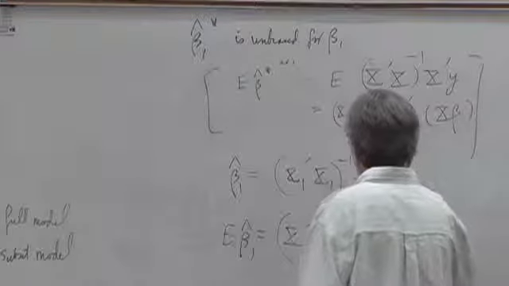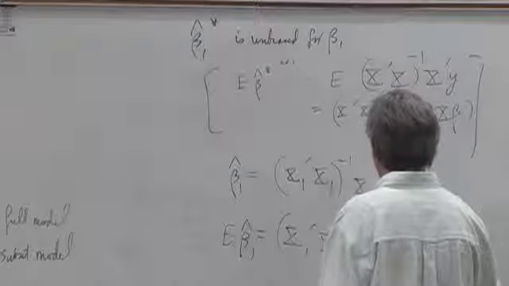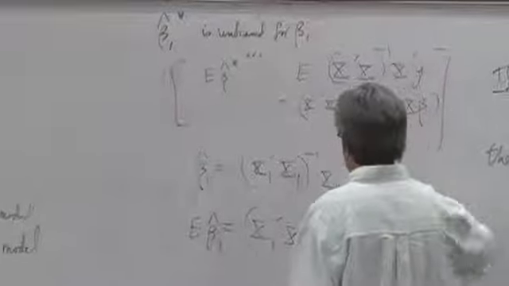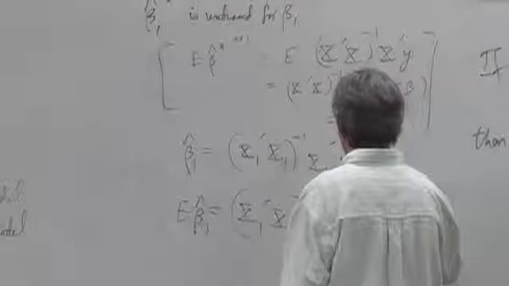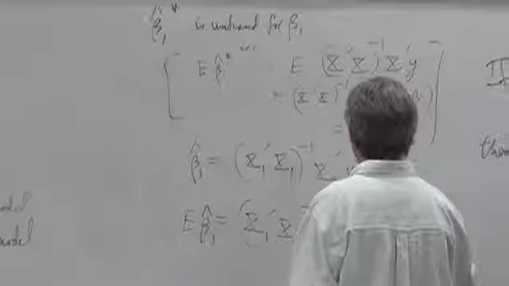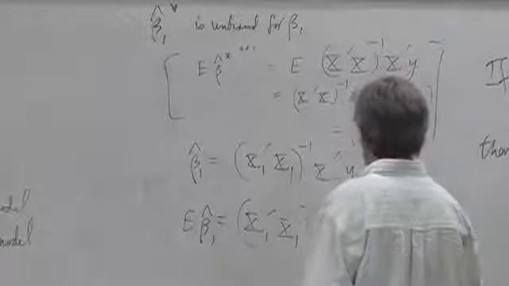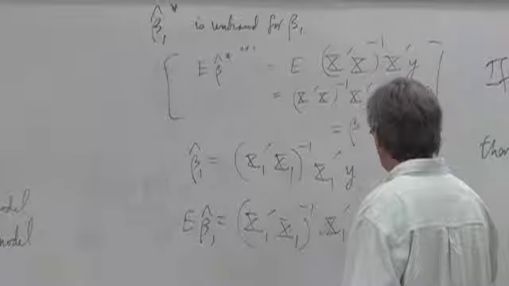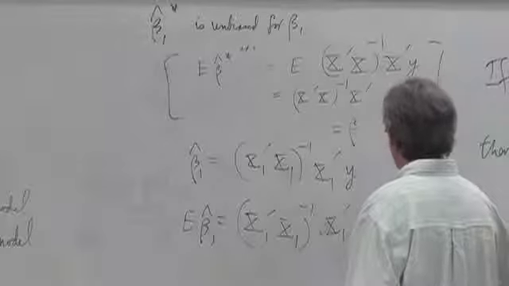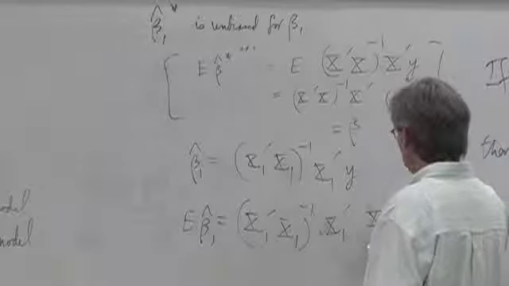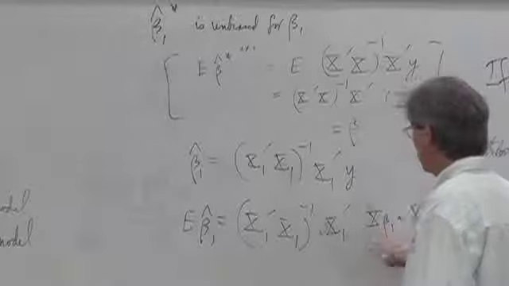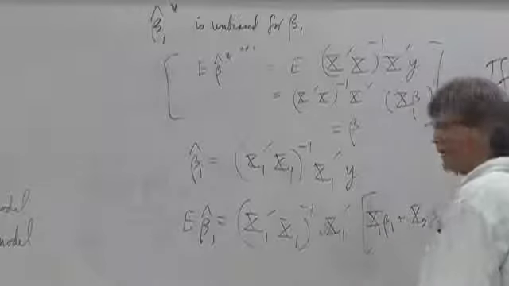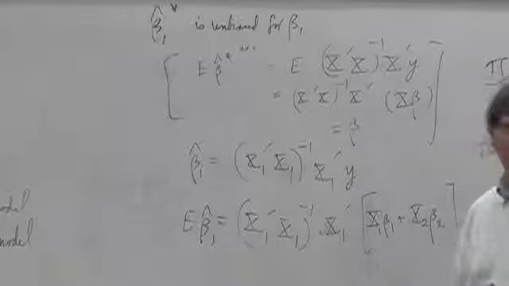Times X1 prime times the expectation of y, which is X beta, but now that can be written as X1 beta 1 plus X2 beta 2, where X1 is the first column of X and X2 is the second column of X. That's how I can always write a matrix multiplication.